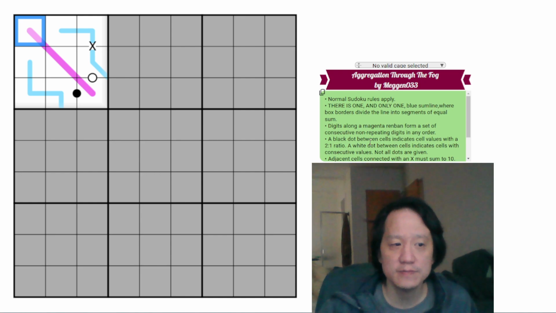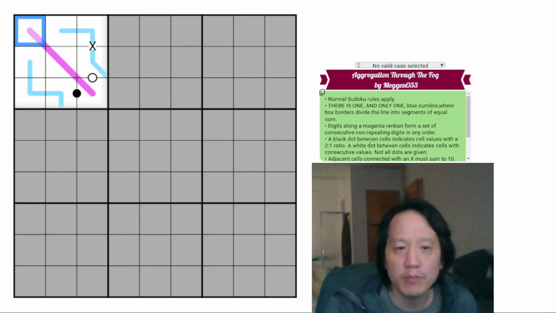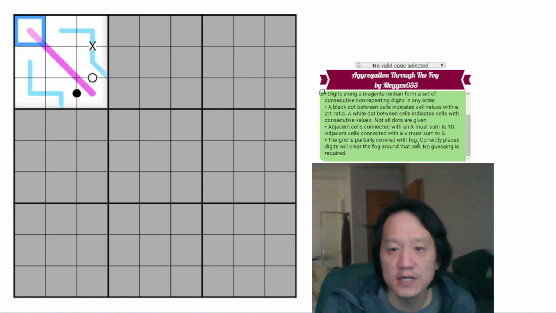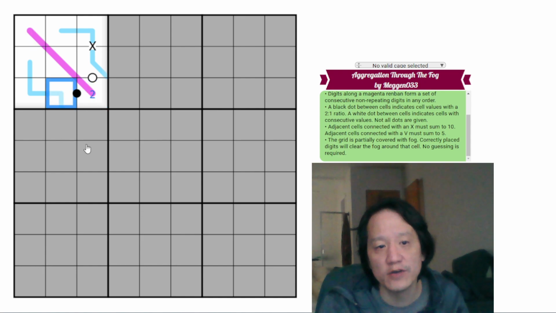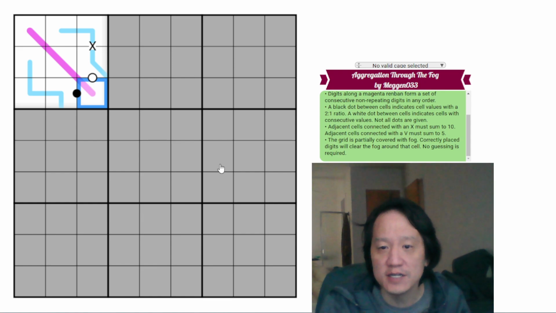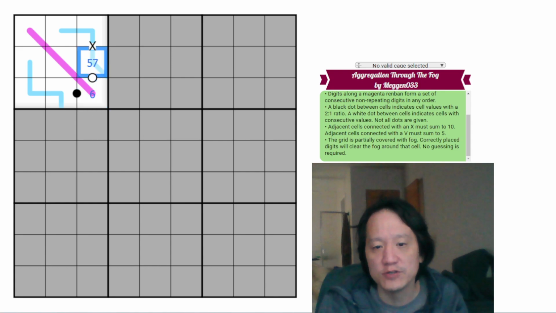they don't repeat. Okay, a black dot between cells indicates cell values with a 2-to-1 ratio. So for example, if this was a 2, this would have to be a 1 or 4 to maintain a 1-to-2 ratio. A white dot between cells indicates cells with consecutive values. Not all dots are given. So if this was 6, this would have to be a 5 or a 7.